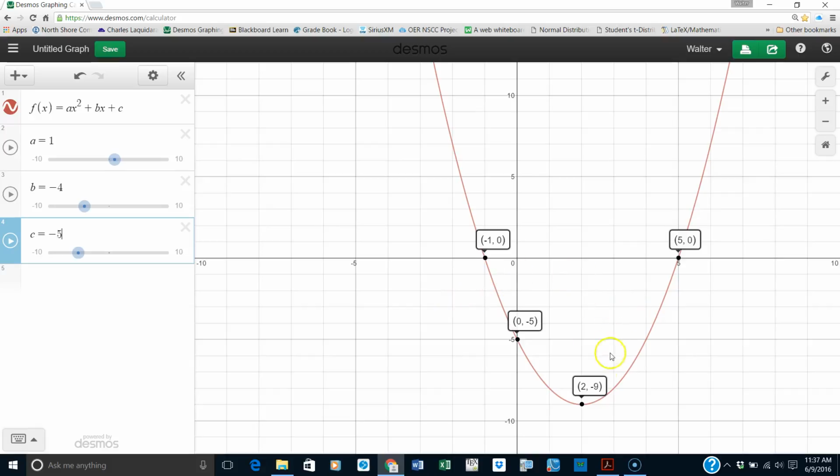One thing to observe about the vertex is that if I take the midpoint between -1 and 5, if I add -1 and 5 together, I get 4. 4 divided by 2 is 2. So taking the midpoint of the x values of the x-intercepts gives us the x-coordinate of the vertex.